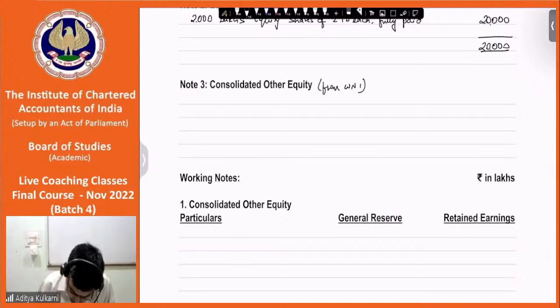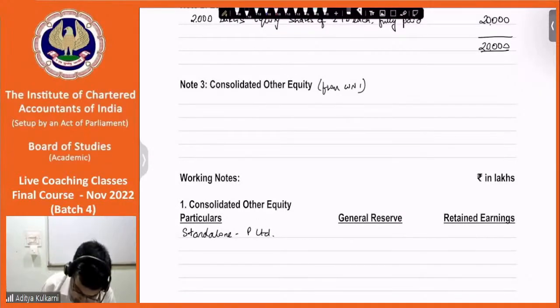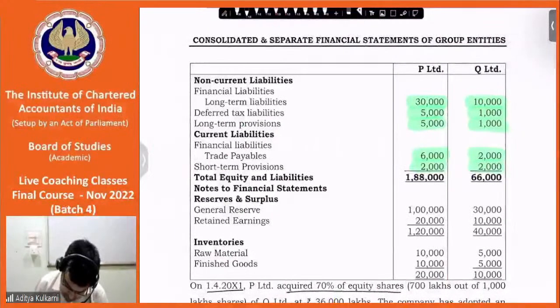So standalone of the parent P Limited. How much is it going to be? The breakup is given. Reserves and surplus is other equity only.